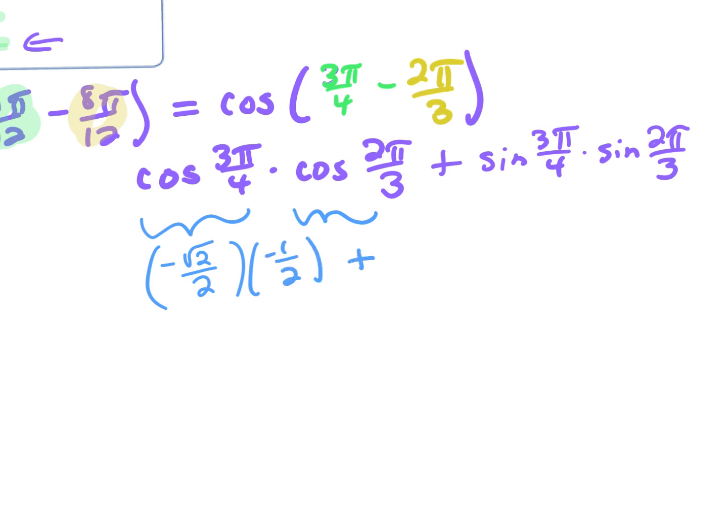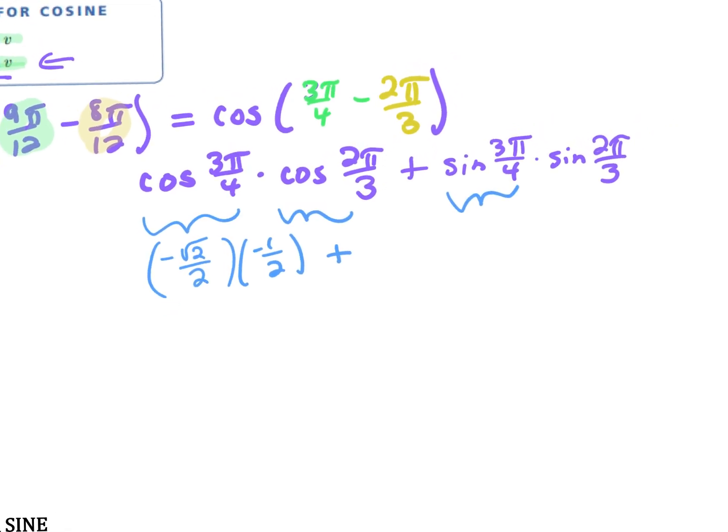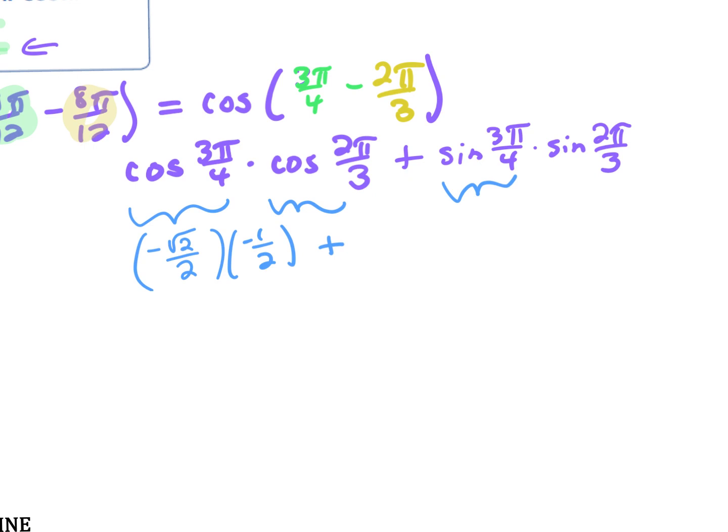Okay, and then we have plus, and now we're looking at the sine of 3 pi over 4, so the y. So Julian, what do we get for that? Root 2 over 2, good. Times, and then the sine of 2 pi over 3. Jonah, what does that give us? Root 3 over 2. Root 3 over 2.